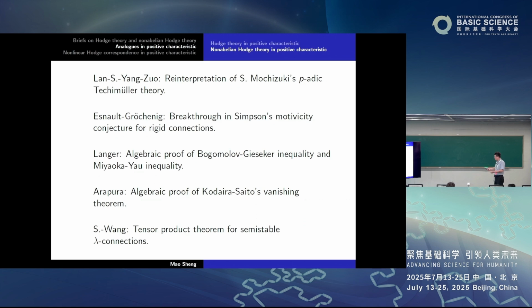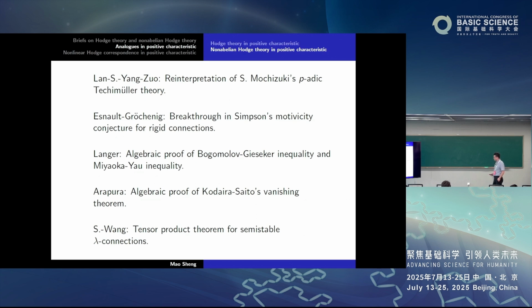It is a fantastic conjecture, but still open. But they made breakthroughs on this conjecture, showing that for any arithmetic model of a rigid connection, you have some Frobenius structure. This is predicted by the motivic conjecture, because if you have a family, you certainly have this Frobenius structure by taking the crystalline cohomology of it. But they can show this using our theory.